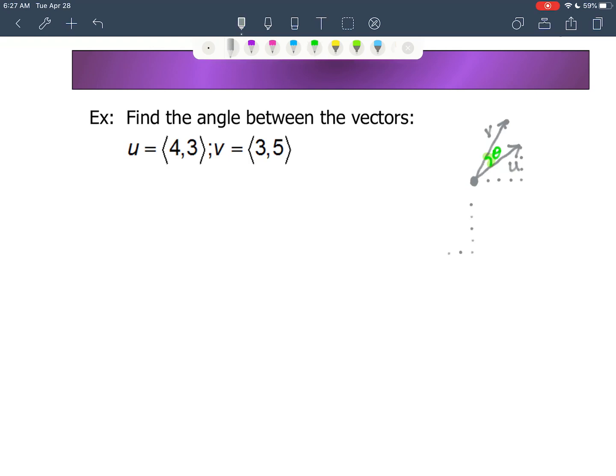So let's use our formula. The cosine of theta is equal to the dot product of the two vectors divided by the product of their magnitudes.